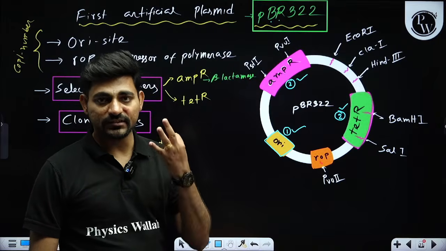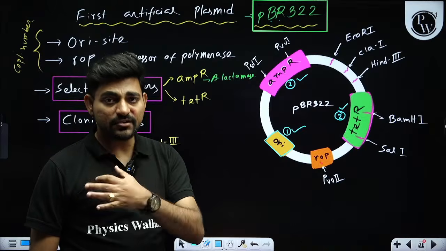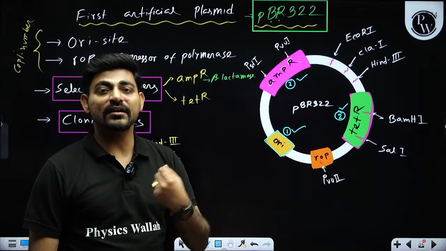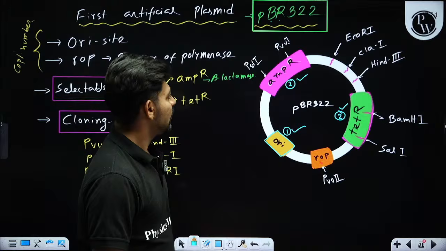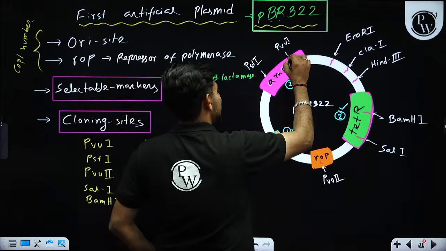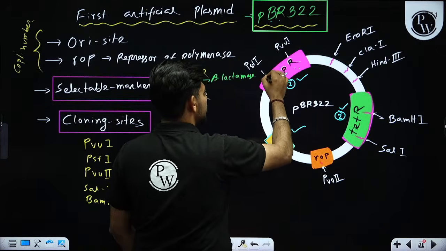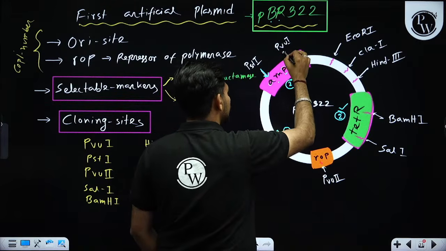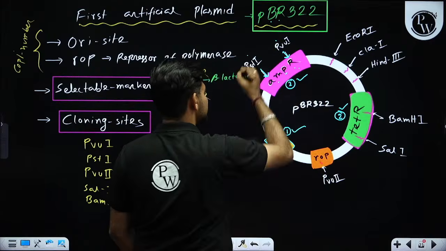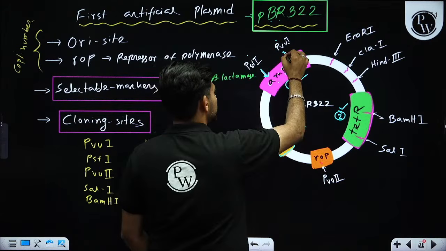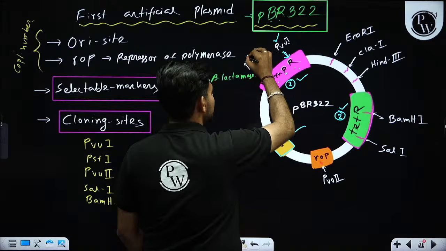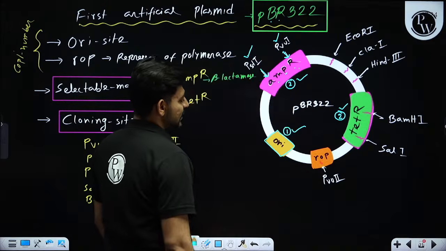Now, you have to search for the third criteria, presence of cloning site or recognition site. If you search inside the ampicillin resistant gene, here you can observe two different cloning sites of two different restriction enzymes. One cloning site for PvuI, another cloning site for PstI.